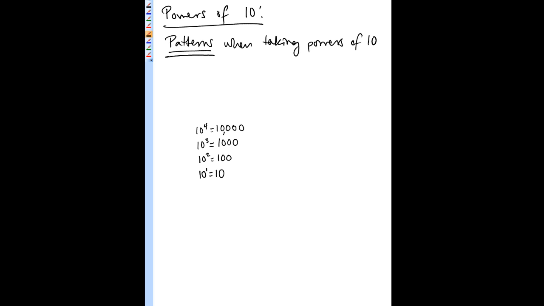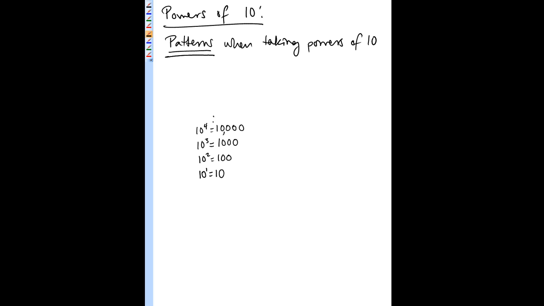You'll notice if we look at this, there's a pattern. The exponent and the number of zeros are the same. So when the exponent is 1, there's 1 zero. When the exponent is 2, there are 2 zeros. When the exponent is 3, there's 3 zeros. This makes sense because 10 to the 1 is 10, which has 1 zero. And then every time we raise the exponent power by 1 more, we're multiplying by 1 more 10. And when we multiply by a 10, we end up essentially just adding a zero.